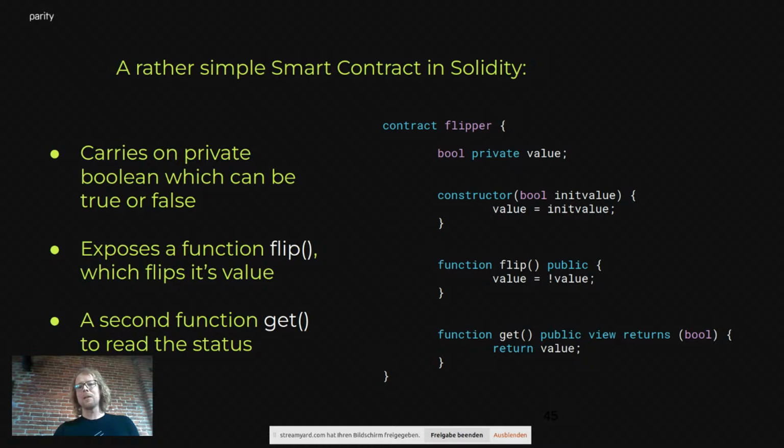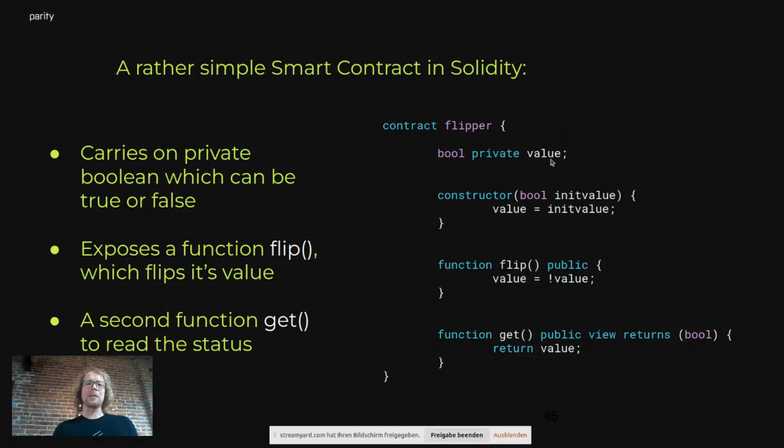What you see here is a flipper contract, meaning the idea of this contract is that you are able to just turn over a coin, or switch a Boolean variable from true to false and vice versa. So you need to store the value of the Boolean within the smart contract.